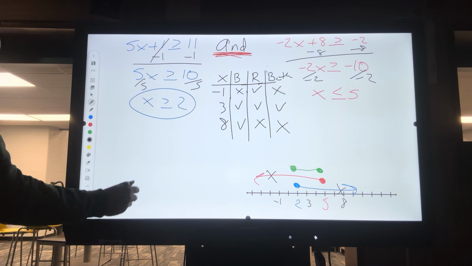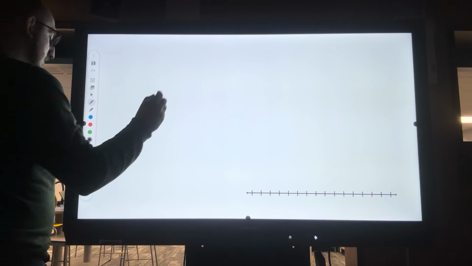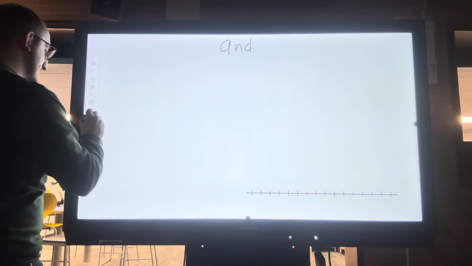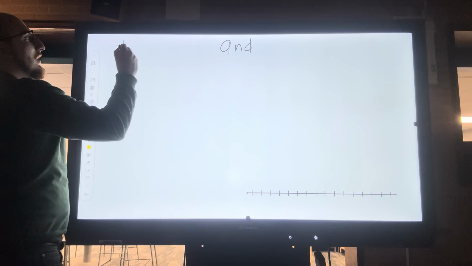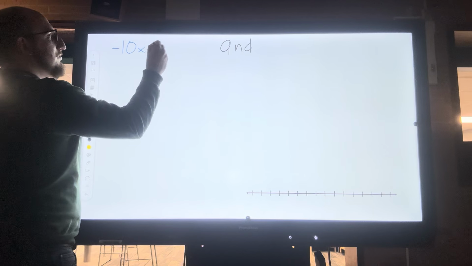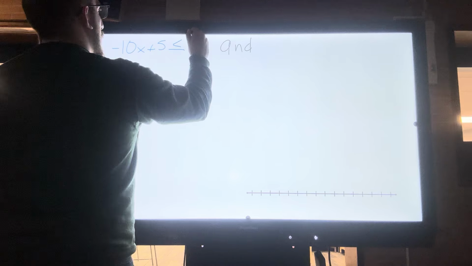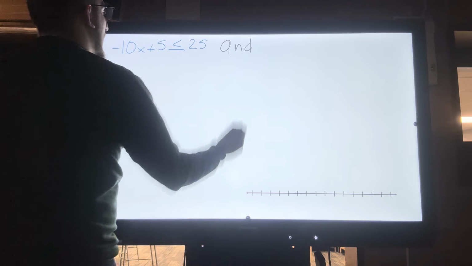So you do one by yourself, all right? I hate making these equations. Why do I do this to myself, huh? Negative 10x plus 5 is less than or equal to 25.